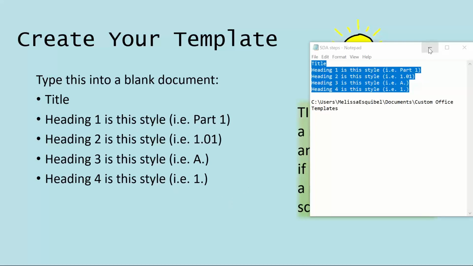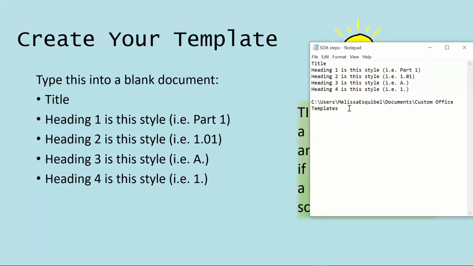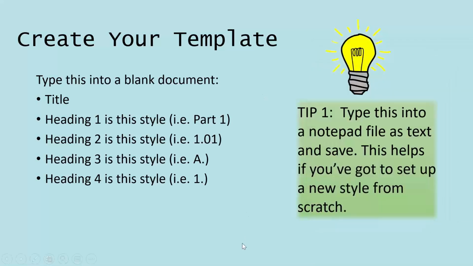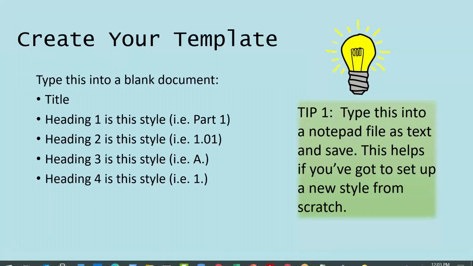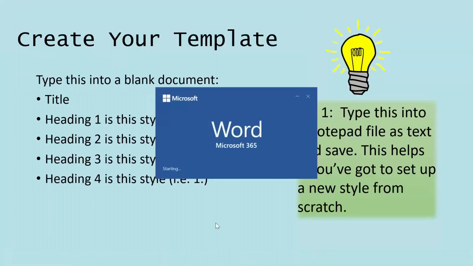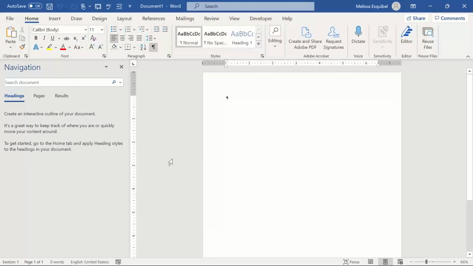That's the first step. Now, you notice on my little notepad here, I have a link. This is a good time to grab that link, and here's where you find it. Let me pop open Word here. It's easy to find, and this is where your templates will be.